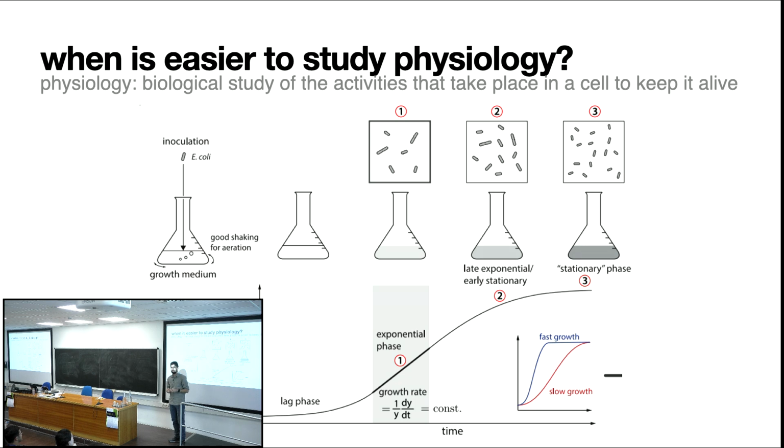Yes? I choose the late exponential. Because in phase one, it's too fast to measure all these quantities, because it is a log scale. So exponential can grow much faster than in phase two.